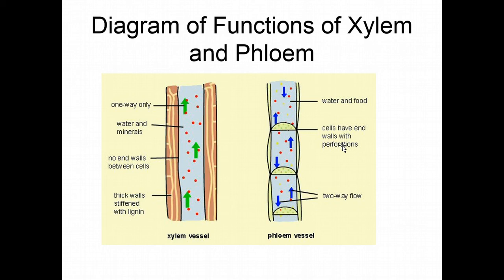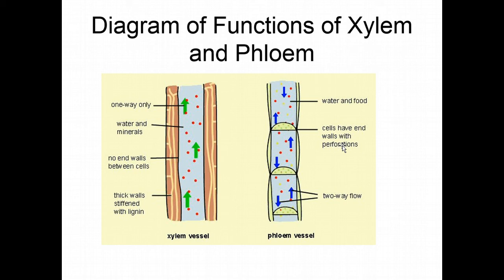You've got a hollow pipe from the bottom of the plant to the top of the plant. And you probably know that some herbicides or insecticides can be transported through the xylem, so you can get them inside the plant.